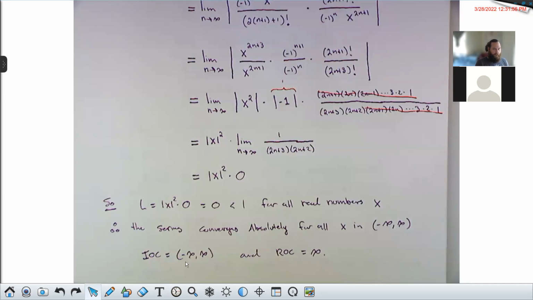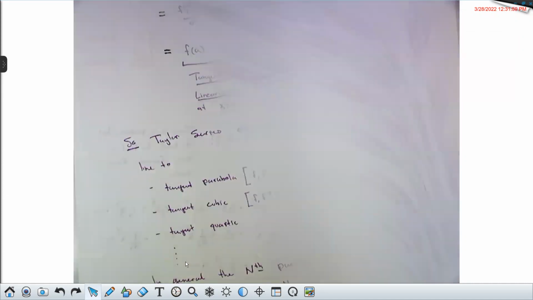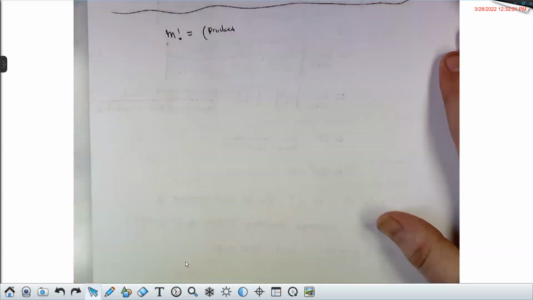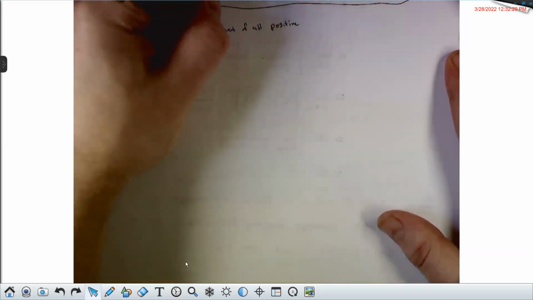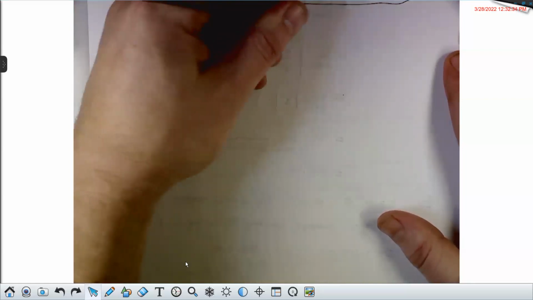So remember the factorial of anything. The trick there is just to remember the definition of the factorial. In general, n factorial is the product, meaning multiply, product of all positive integers that are less than or equal to n.